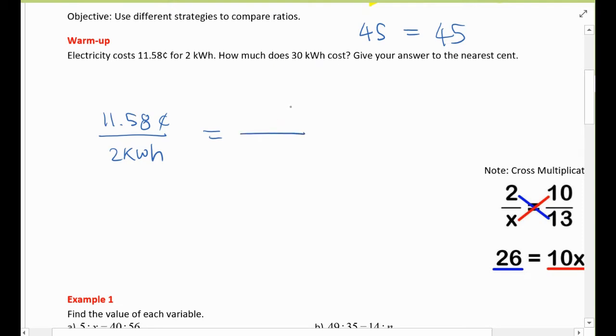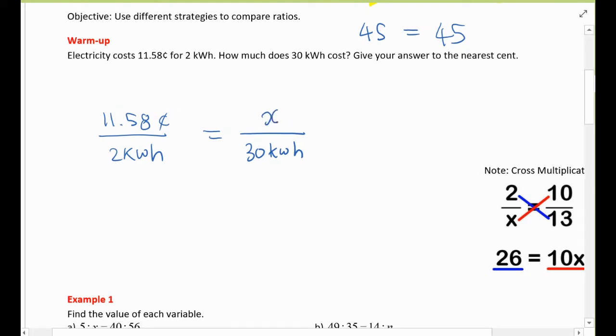So we want to know how many cents we need to pay for 30 kilowatt hours. When you have kilowatt hours in the bottom, you should have 30 kilowatt hours in the bottom, right? And we've decided to put the cost on the top here, all right?